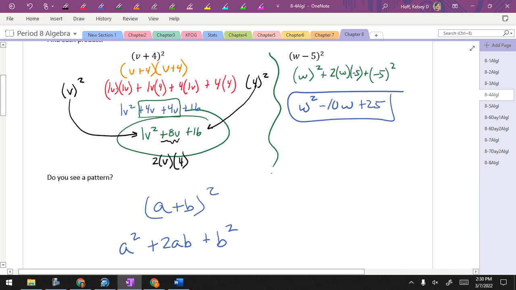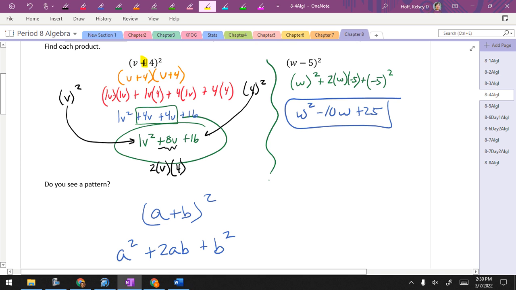Now, one thing I want to point out. We had a V plus 4. We ended up with a +8 and a +16. With W minus 5, I ended up with a negative 10 and a positive 25. What do you notice? Why is it always a positive on the end? You're right. When you square it, whether you square a positive or you square a negative, you end up with a positive number, right?